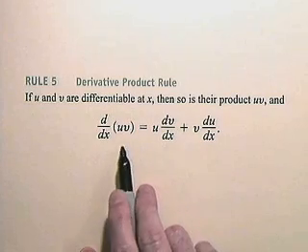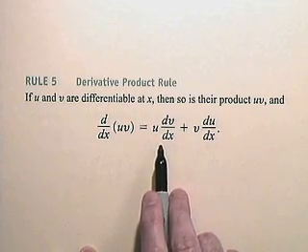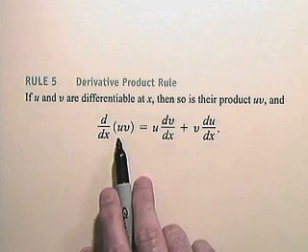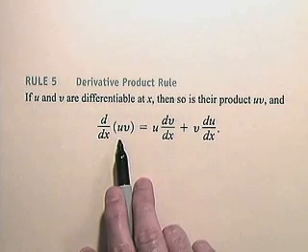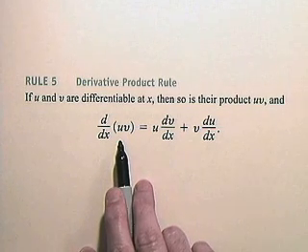This rule looks a little strange by comparison to the normal rules, I guess you can notice. Here we don't have that the derivative of the product is the product of the derivatives, and it's extremely important to keep that in mind.